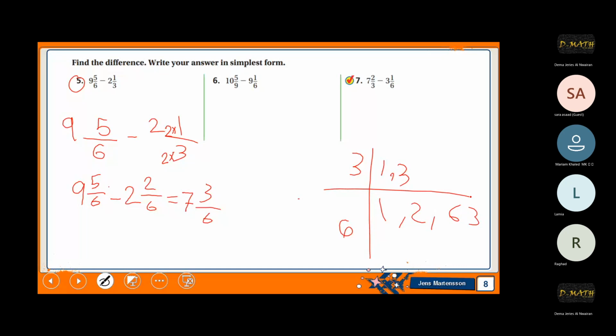What are the commons here? They have 1 and 3. What is the greatest one? 3. So what does it mean? I can divide 3 up and down by 3. 3 divided by 3 is 1, and 6 divided by 3 is 2, so it will be 7 and 1 over 2.